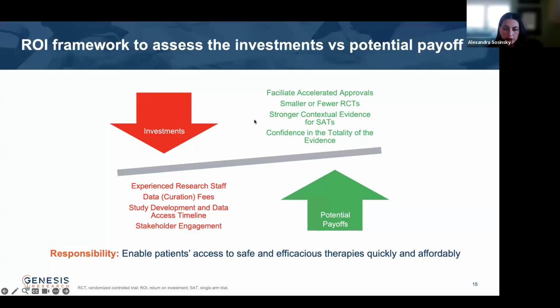When considering whether to invest in an ECA and its return on investment, it's helpful to consider how each of the cornerstones we discussed impacts costs and potential payoffs.